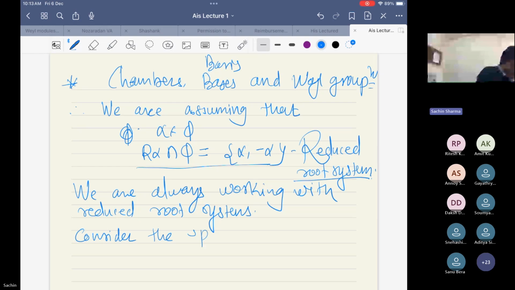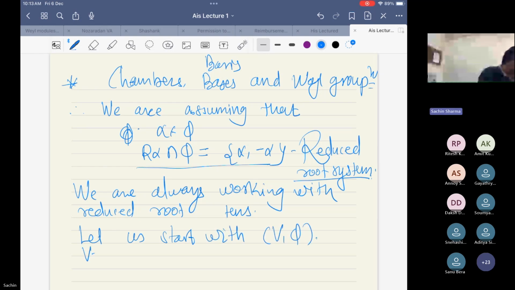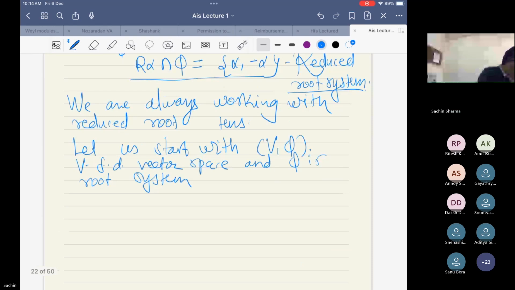Let us start with V and phi. V is a finite dimensional vector space, and phi is a root system.